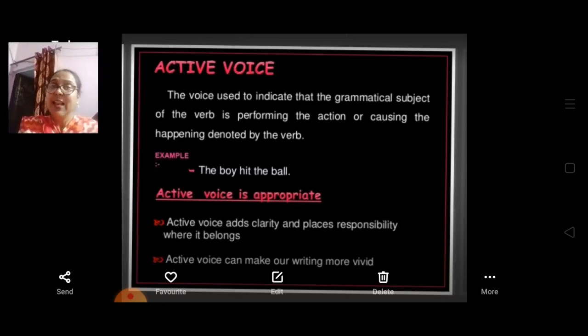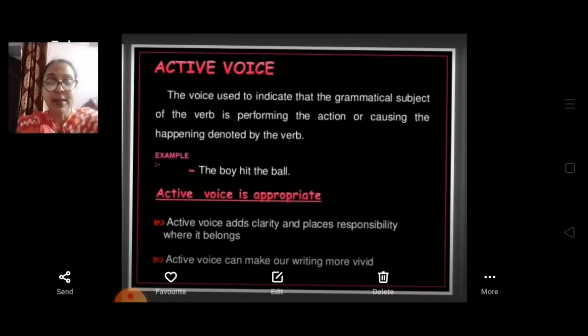I'm going to give you more examples about active voice, and here one thing you should always remember: the subject in a sentence is the doer of an action in many cases. Verbs in a sentence which require a direct object to complete their meaning are called transitive verbs, as you all know. So I'm giving you one example. Namita sang a song.